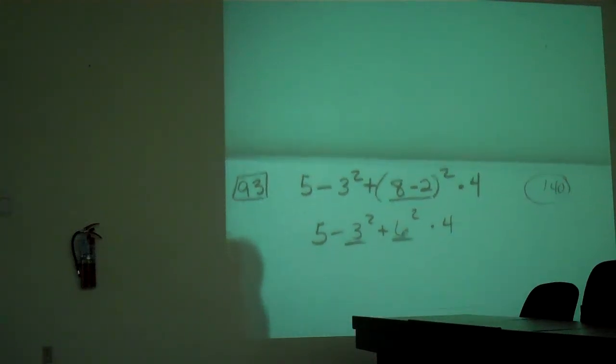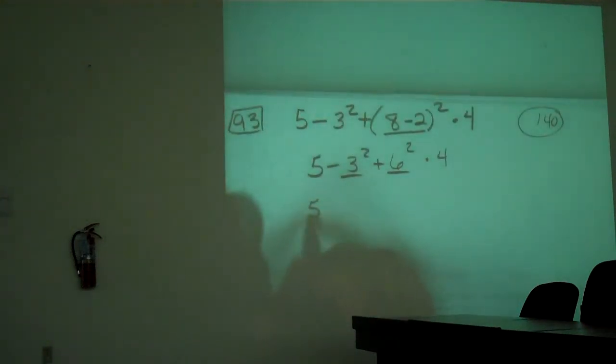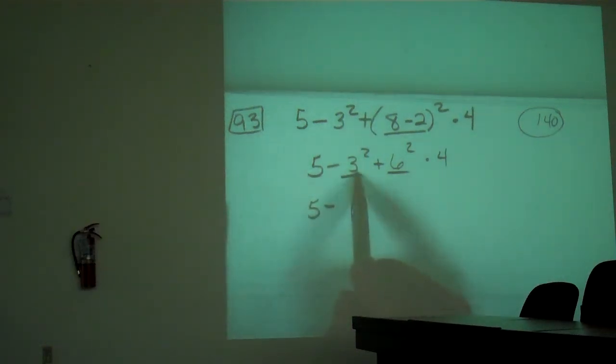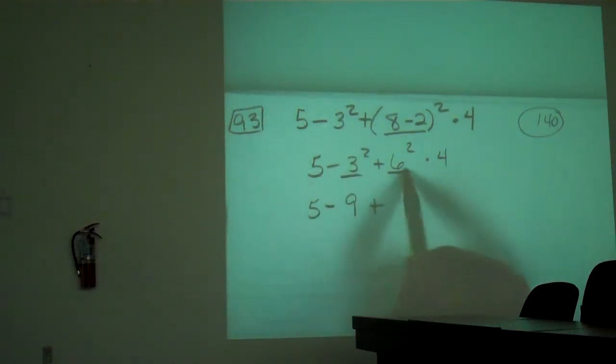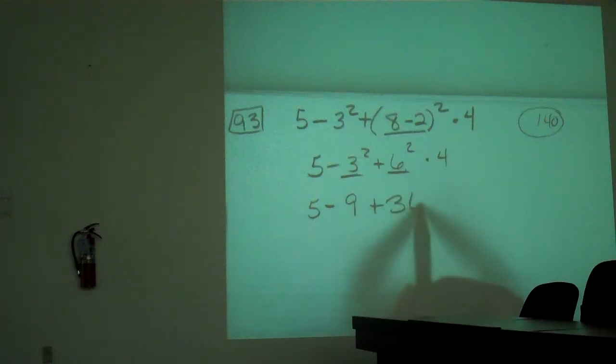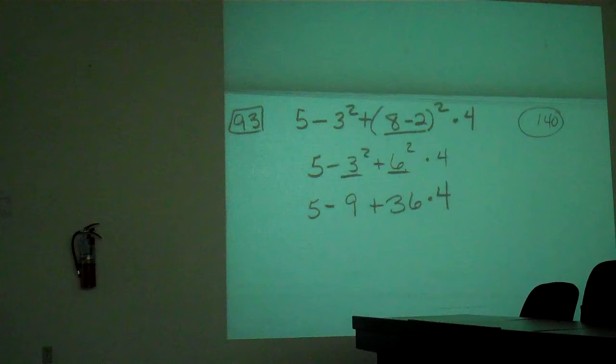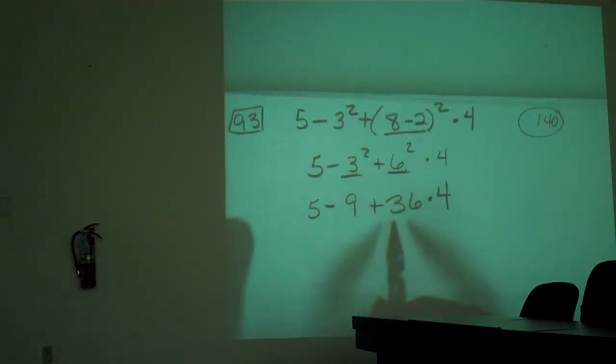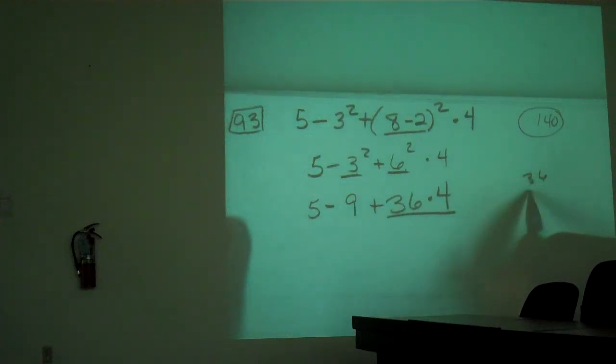Exponents. So 5 minus 3 times 3, 9. 6 times 6, 36. And what's after exponents? Multiply and divide. Left to right, so that's the next one. 36 times 4, 144, right?